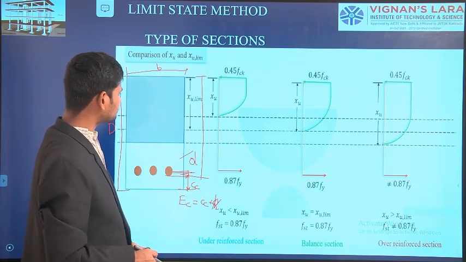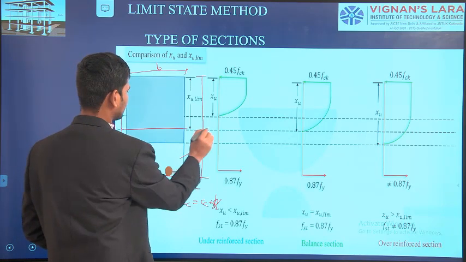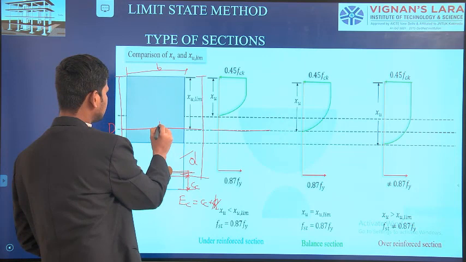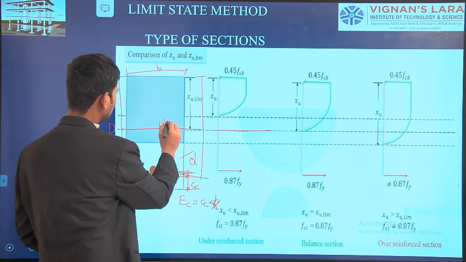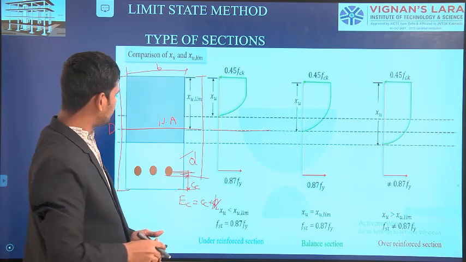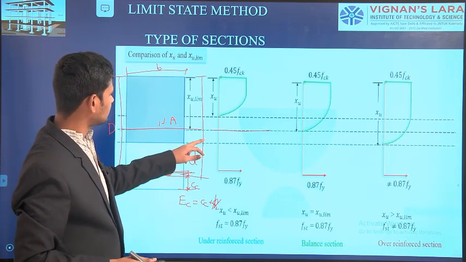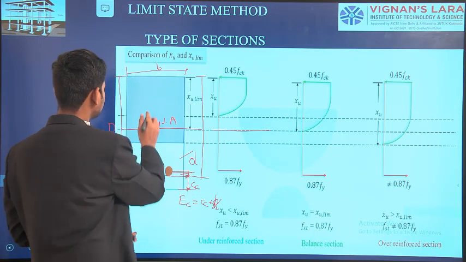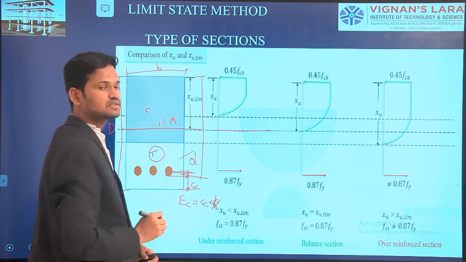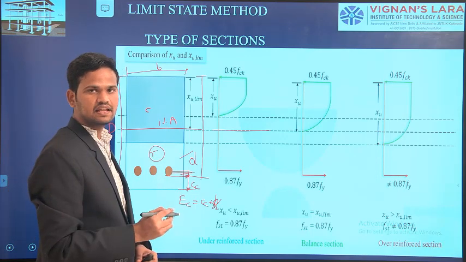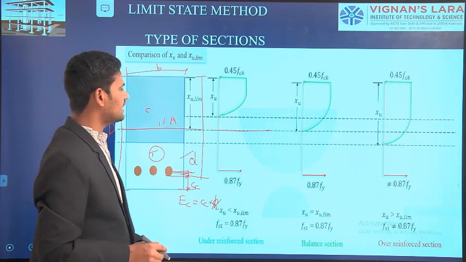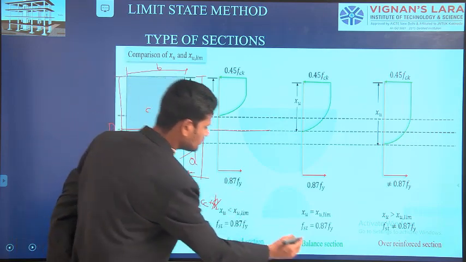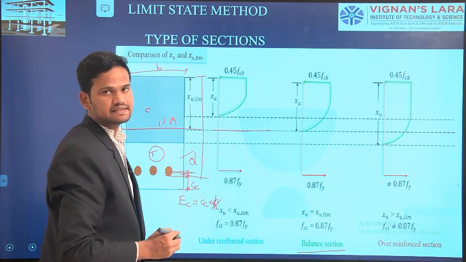Again, here we have drawn one section. If you observe, this is the section with the neutral axis that divides the compression face as well as the tension face. First, we take this section as the balanced section.